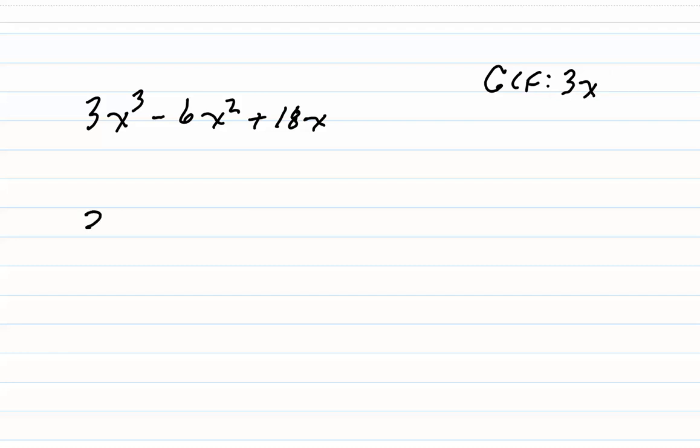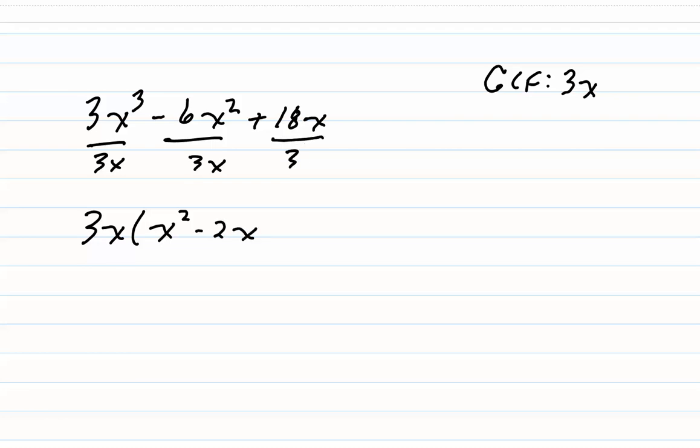So we can factor out a 3x, and then we can start our division. If we divide this first part by 3x, we're left with x squared. If we divide the second part by 3x, we're left with minus 2x. And if we divide the last one by 3x, we're left with 6.